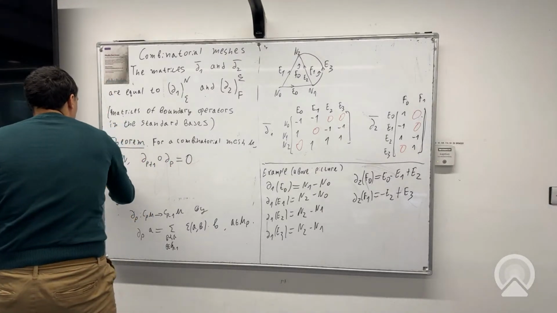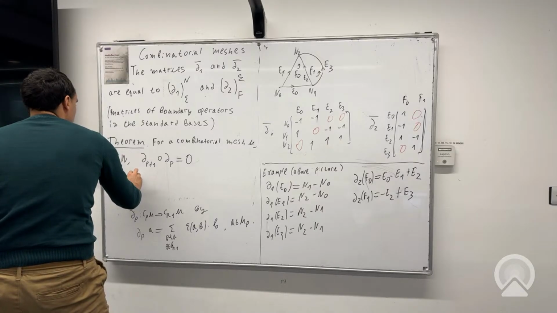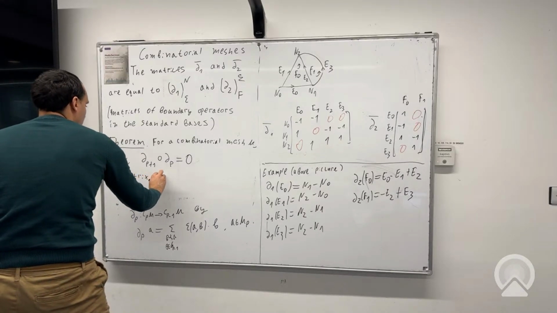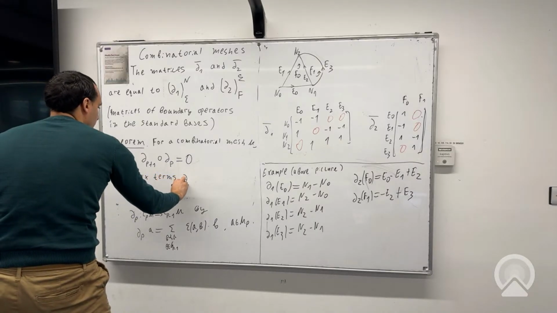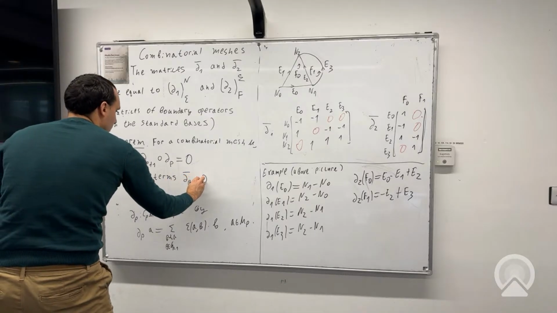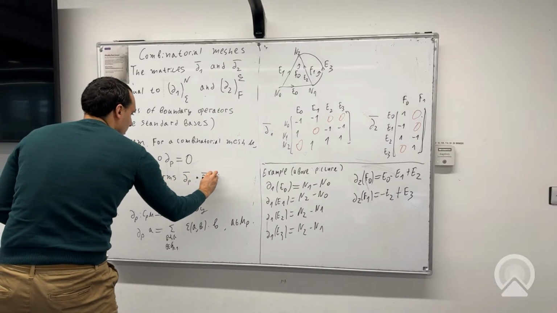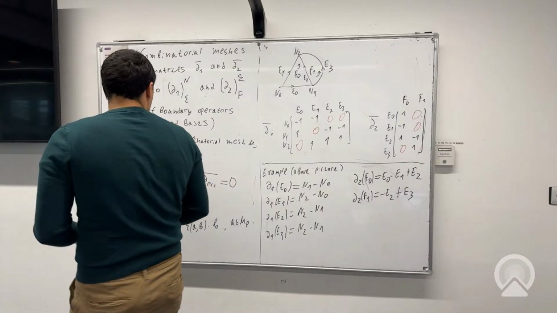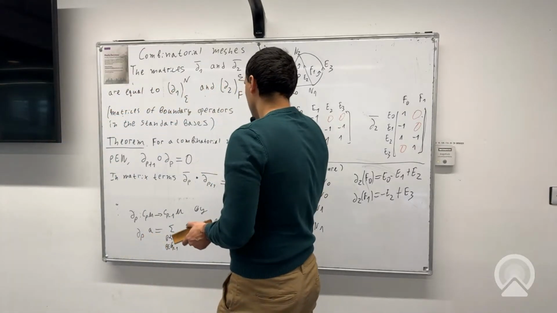In matrix terms, d_P multiplied by the matrix of d_{P+1} is the 0 matrix.